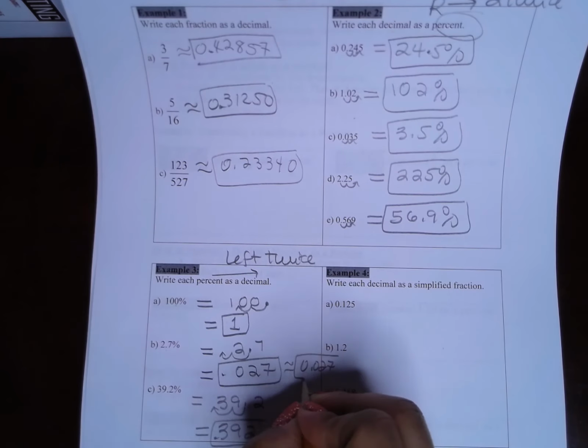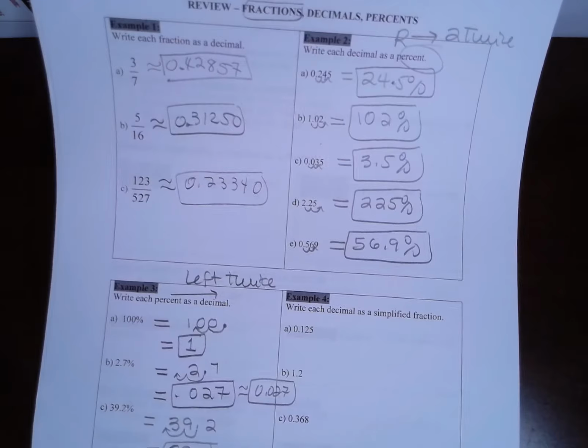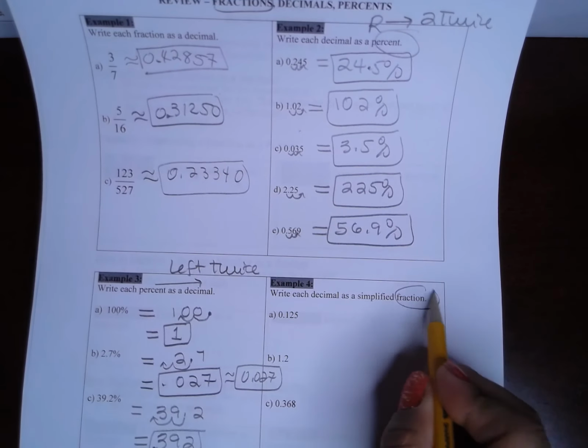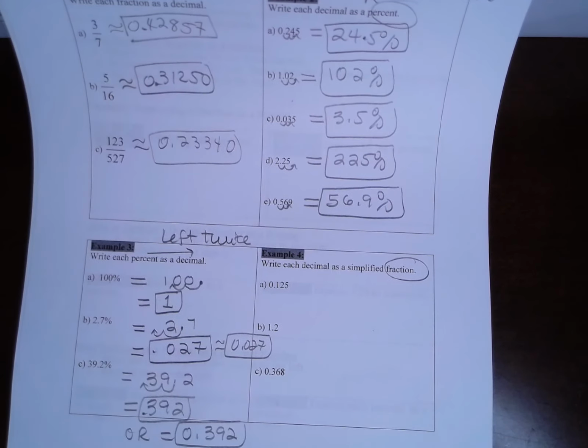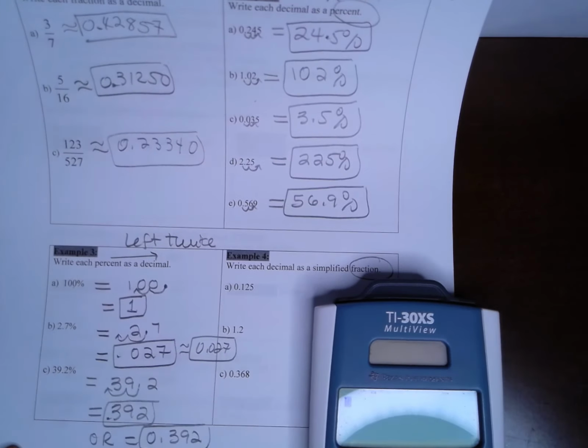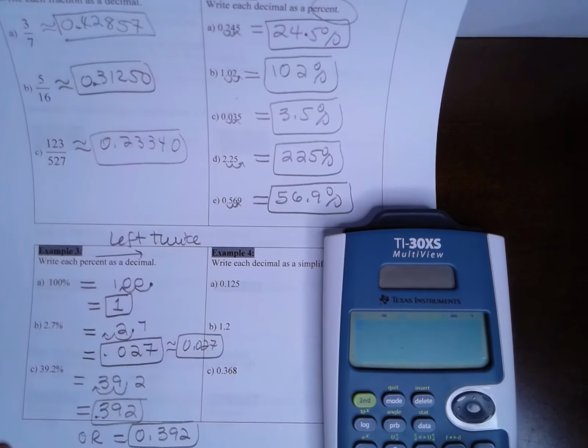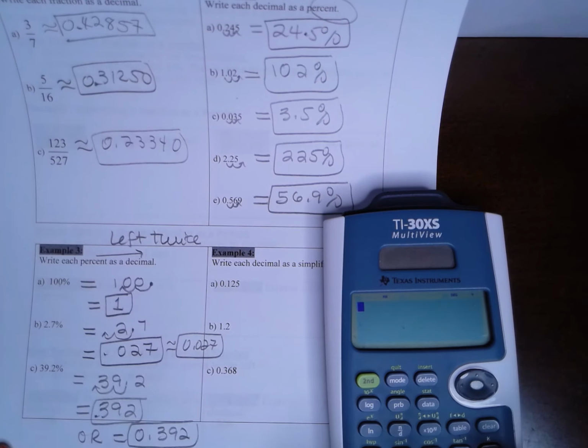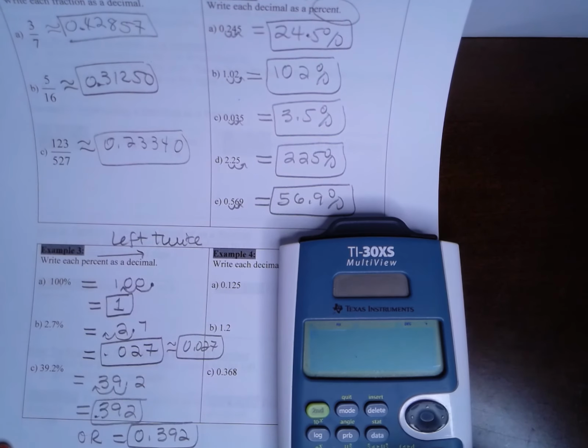Okay? So now we're going to work on write each decimal as a simplified fraction. You don't need to be afraid. We have Diego with us. So in this calculator, enter 0.125, and there is a key here.